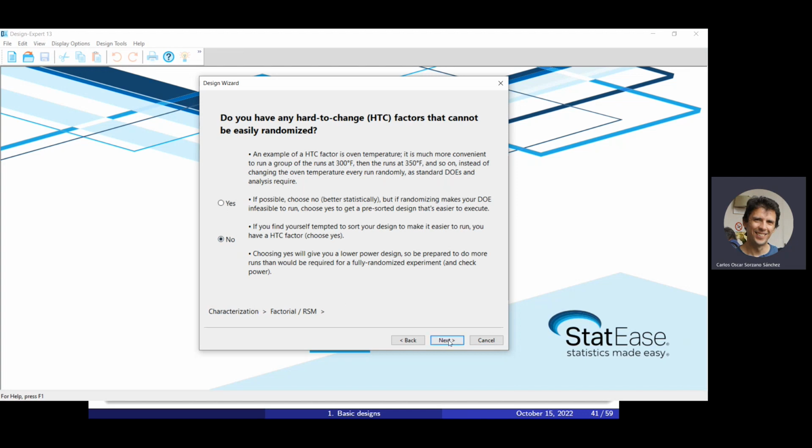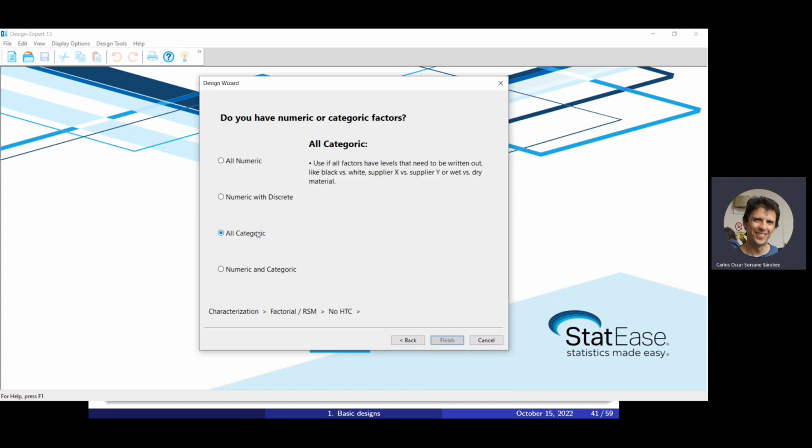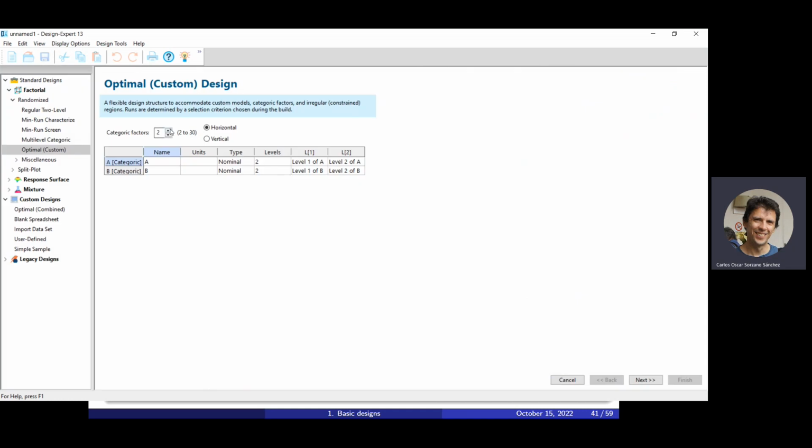we don't have any factor that is hard to change, and all are categoric. We have three treatments, three factors. One is rows, and we have three levels here. So we have row 1, row 2, row 3.